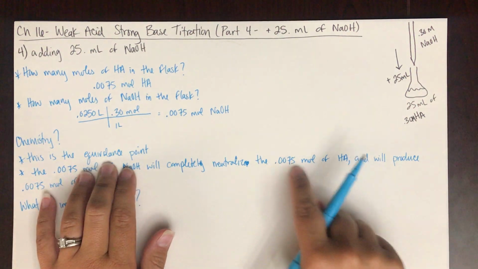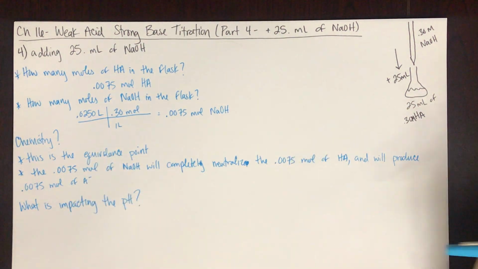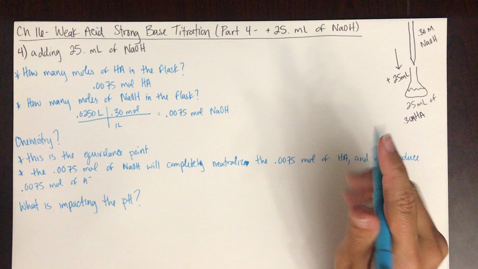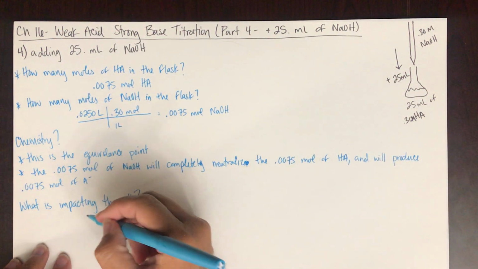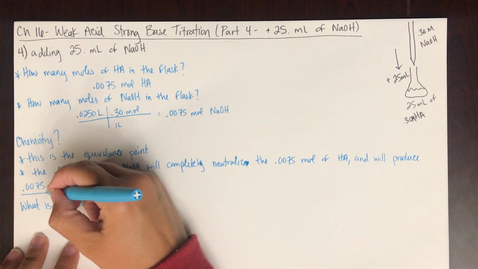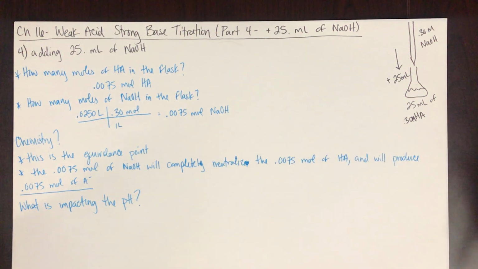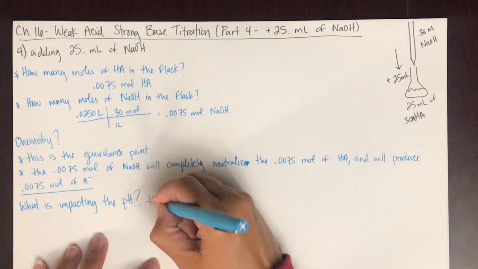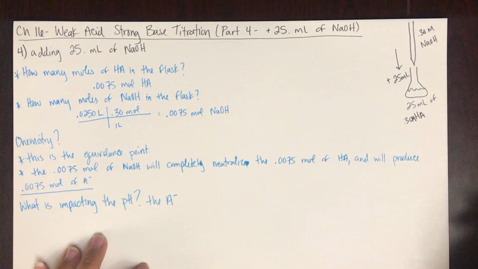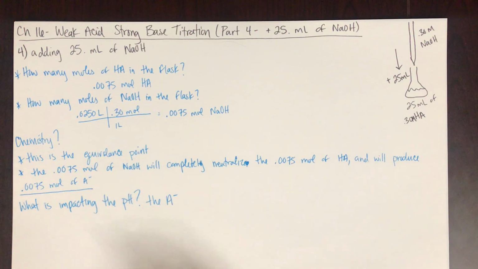The sodium hydroxide and the weak acid are gone. They have neutralized each other. The only thing in the flask to affect the pH is the conjugate base. That's the only thing impacting the pH in this flask now, because we've added equal molar amounts of a strong base and weak acid.